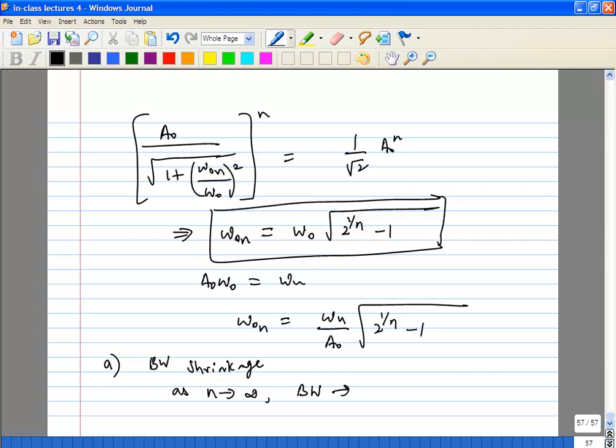Bandwidth, that's omega n, actually tends to 0. But your DC gain tends to infinity. That is obvious.